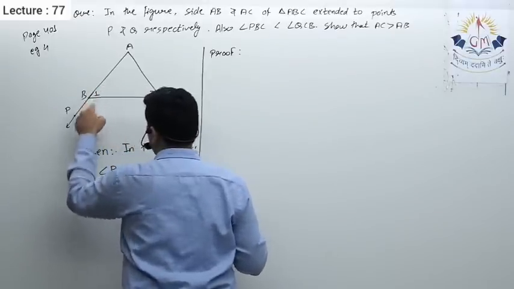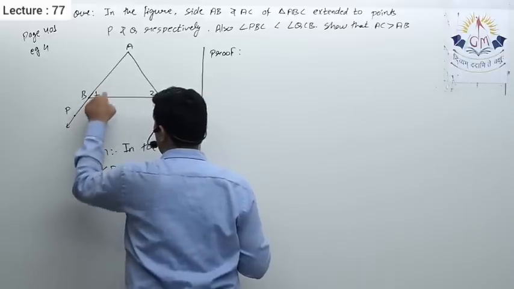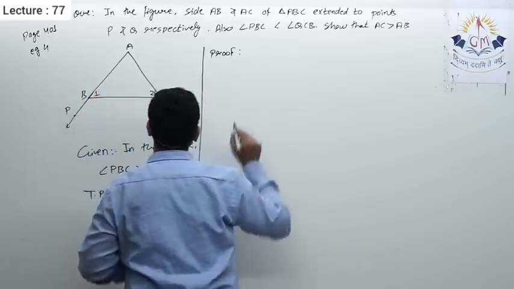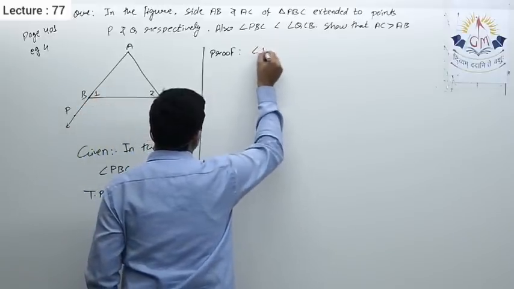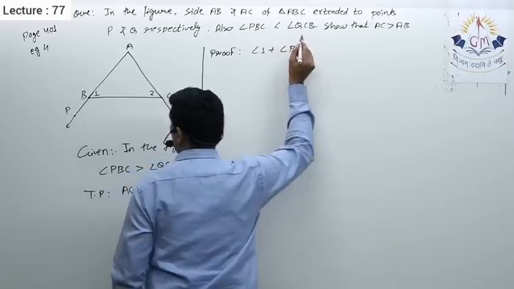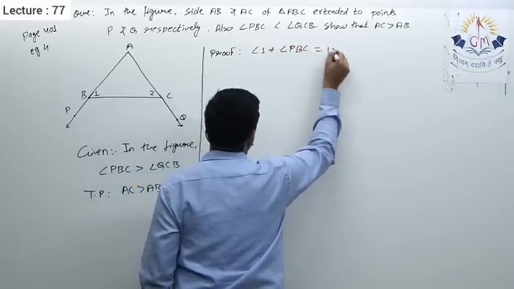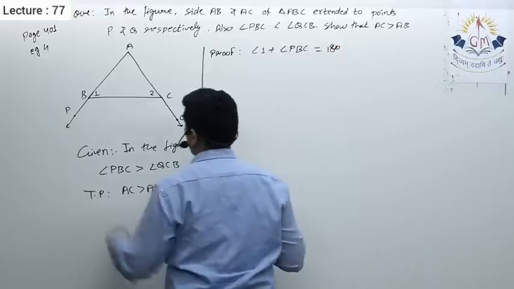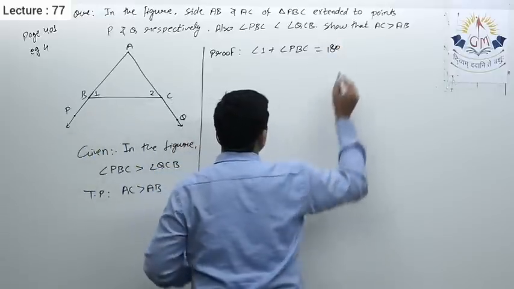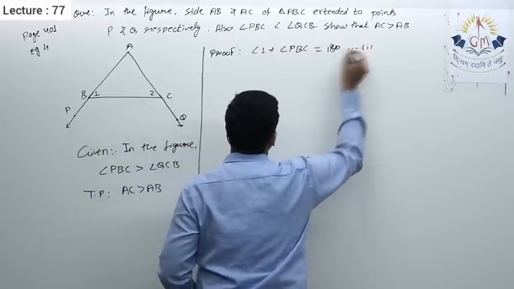So first of all, I can find the relation between these two, 1 plus PBC and 2 plus QCB. So angle 1 plus angle PBC is equal to 180 degrees.